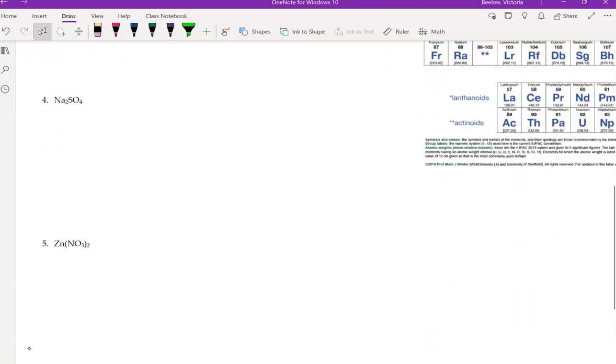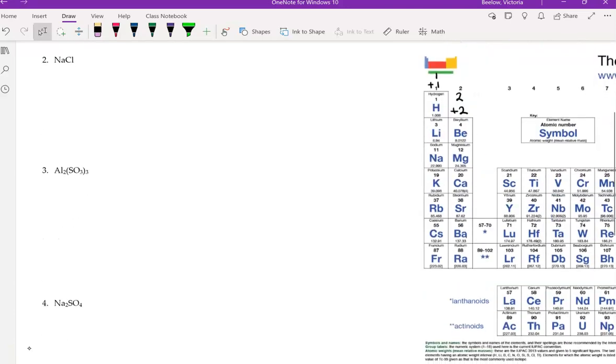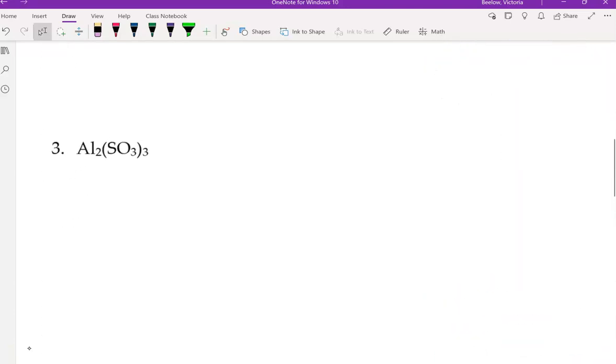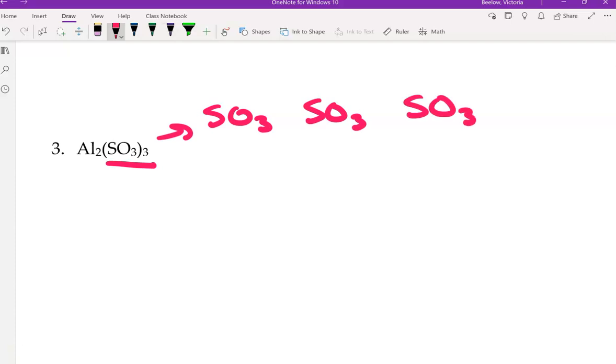All right, let's pick a difficult one. Let's go with number 3 here, just to explain it a little bit. So the aluminum here, you would multiply the molar mass of aluminum by 2. That would be your first part. Plus, and then you have the S and the O, so you have sulfur and oxygen. This right here is the same thing as saying you have 3 SO3s.